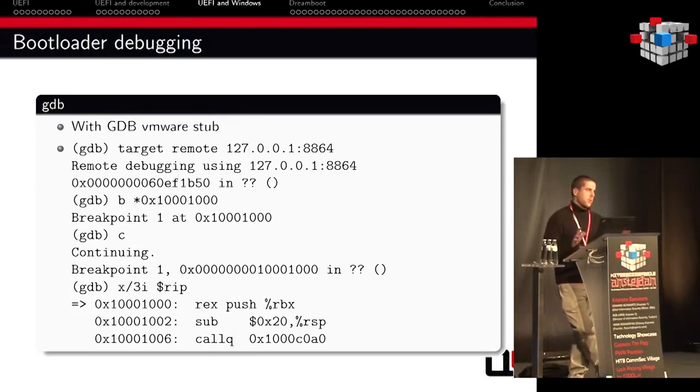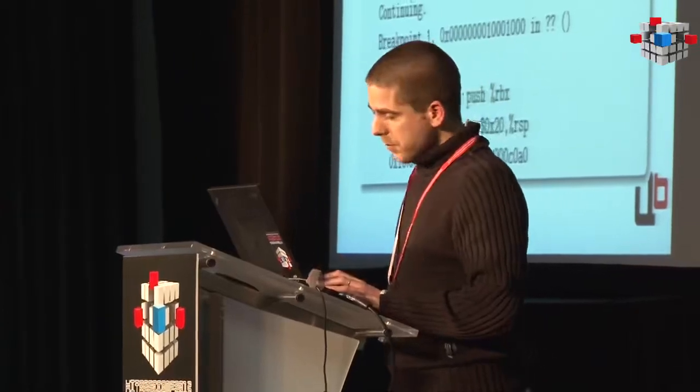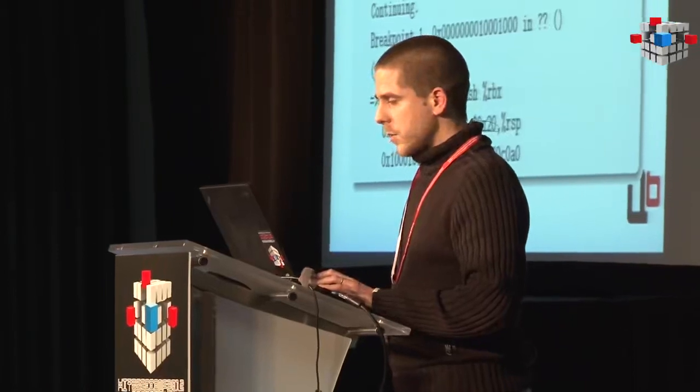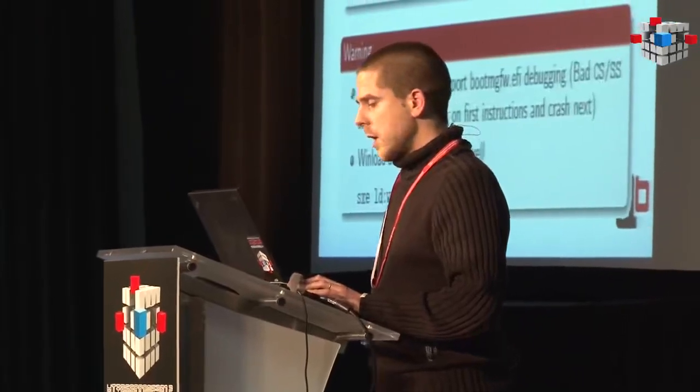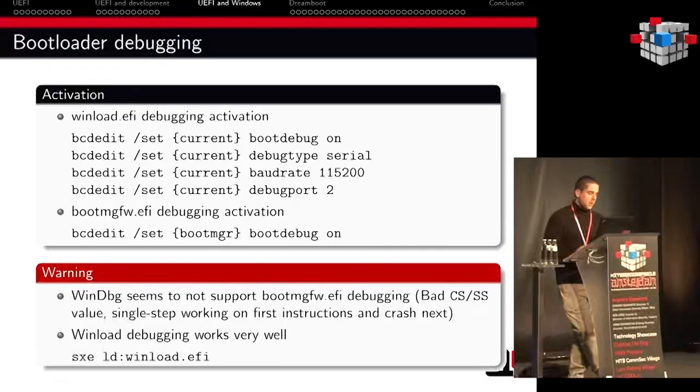You can also add, with some plugin or some script for GDB, symbols. It's possible. But maybe the best way to do it is to activate the WinDBG stub in the loader.